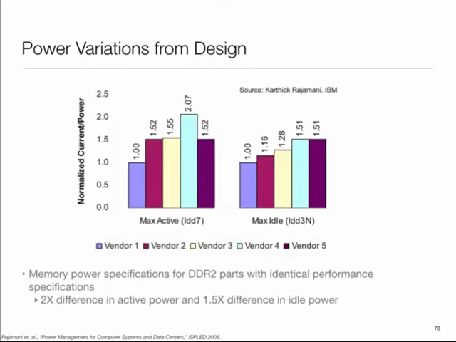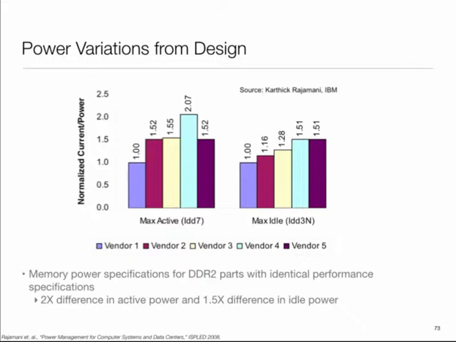Another one is power variation from design. This was the first one I was referring to, which is that I buy identically spec'd parts, but they are made by different vendors, and therefore they have different circuits or other different details. In this particular case, this is a study out of IBM. They bought a bunch of DDR2 parts with identical performance specification, but the difference in power consumption was quite significant.